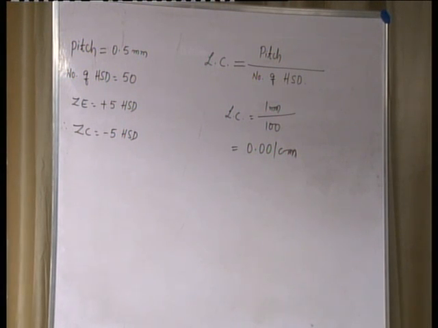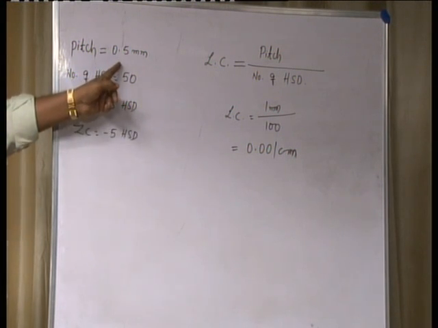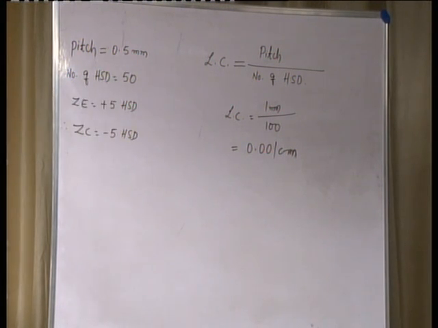When gripping a wire, the reading is 3 turns and 17 divisions. So, when gripping a wire, the reading is 3 turns and 17 divisions means, for each turn one division should be uncovered on the pitch scale. The value of one pitch scale division is 0.5 mm. 3 turns means 3 into 0.5.